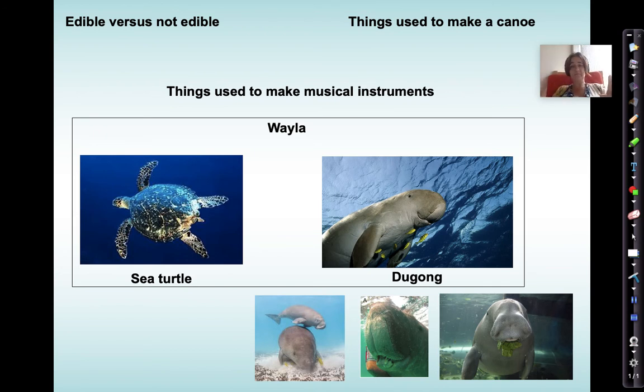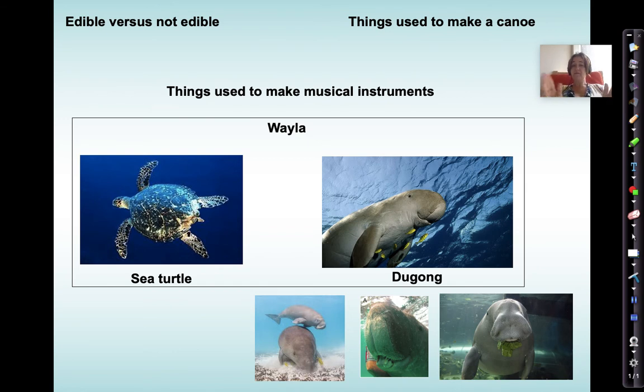The people from the Torres Strait Islands, which are between Australia and Papua New Guinea, classified all the things that had fins or flippers and swam in the open ocean as whaler. So that meant sea turtles and dugong were in the same classification.